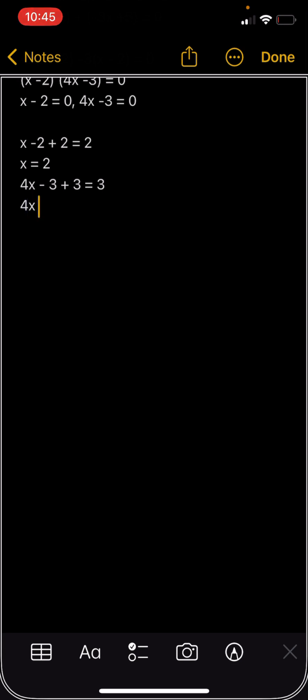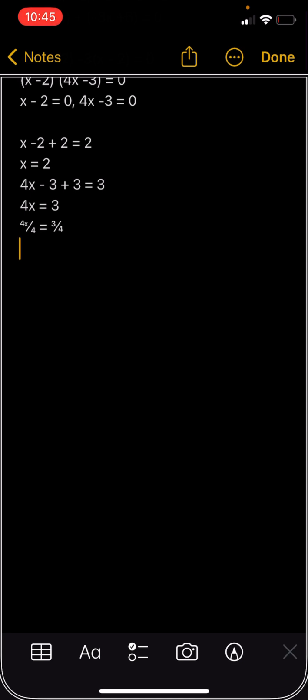4x equals 3. We haven't finished as yet because we still have a 4 that is multiplying that x, and we need to get rid of that by dividing both sides by 4. So we have to rewrite that as 4x over 4 is equal to 3/4.